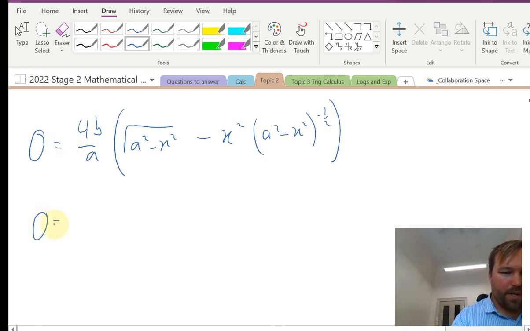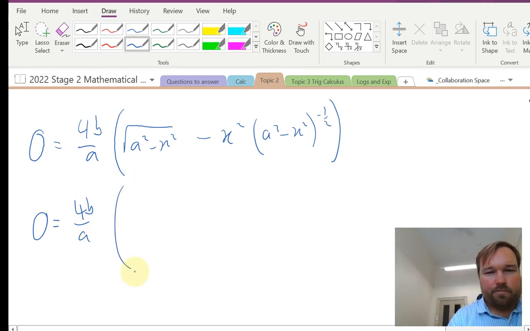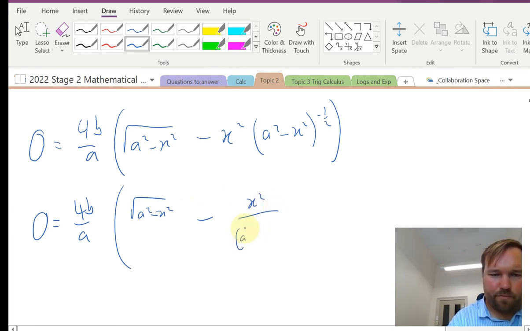Alright, 0 equals 4b on a bracket, root a squared take x squared minus, well, x squared on a squared take x squared to a half.